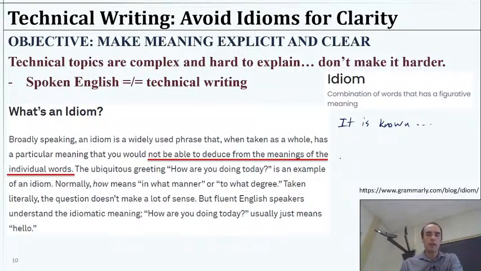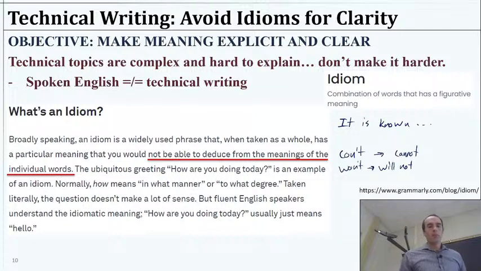We talked about that one already. We also want to avoid things like contractions, like can't, won't. We would rather just say them a little more specifically. Now, this is not really idioms, but we would say cannot or will not, right? So being clear on that.